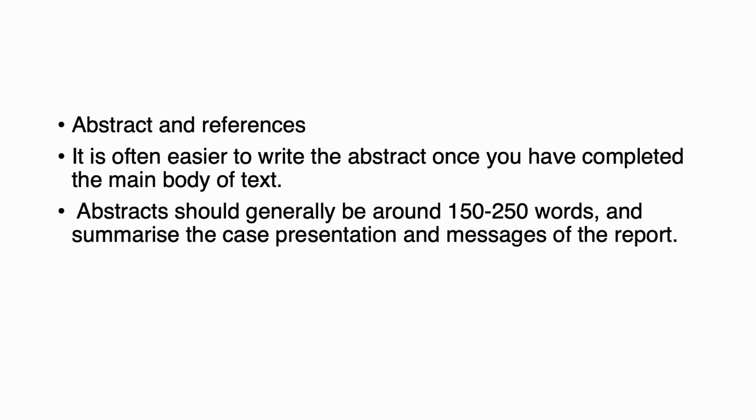The abstract comes at the beginning of your manuscript or your case report, and the references come at the end. For the abstract, you can make a synopsis of your case report.